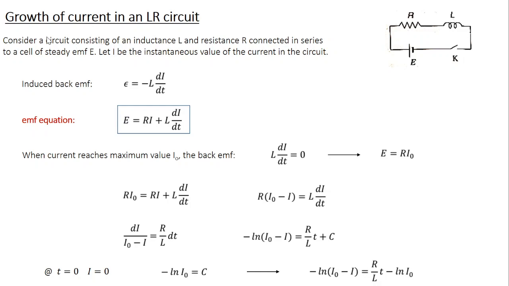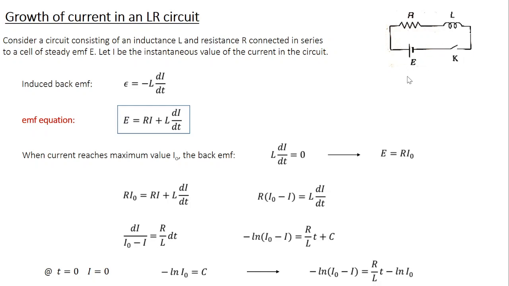Let's first discuss the growth of current in the LR circuit. Let I be the instantaneous value of the current in the circuit. Now the first step in analyzing the behavior of any electrical circuit is to write down the EMF equation. For that we need to first identify the various EMFs or voltages involved.